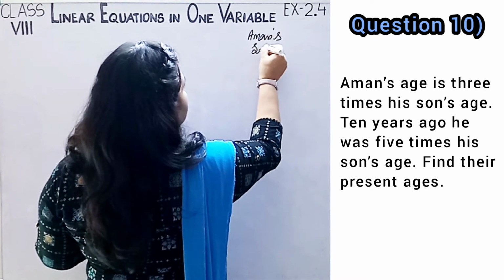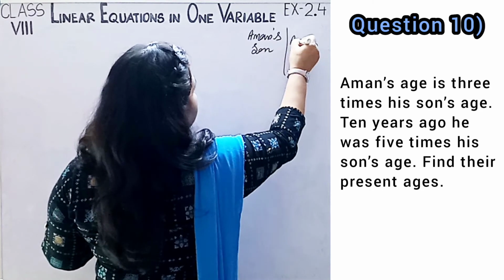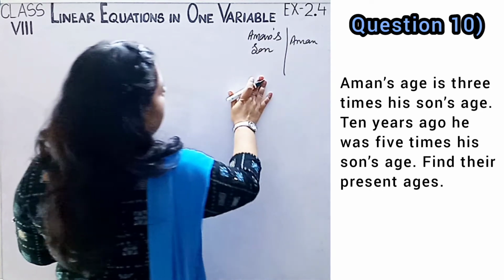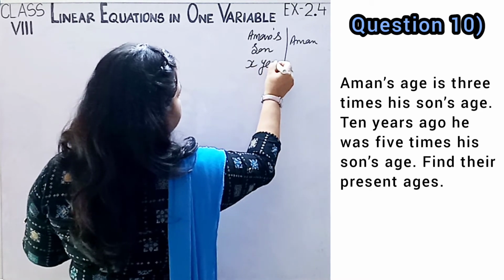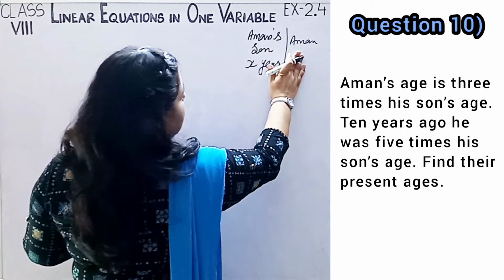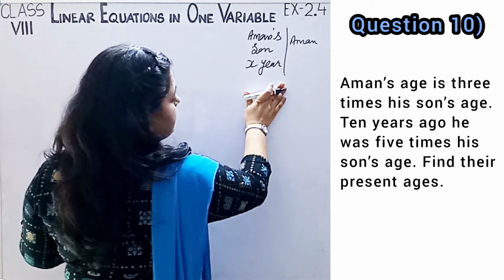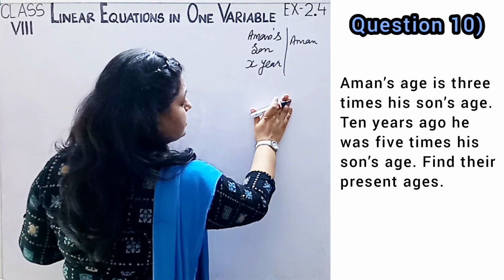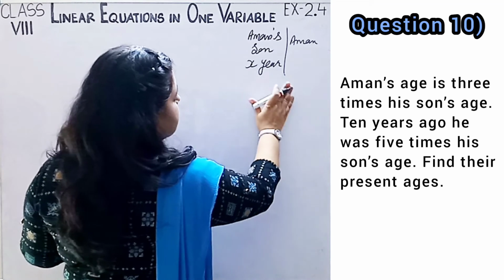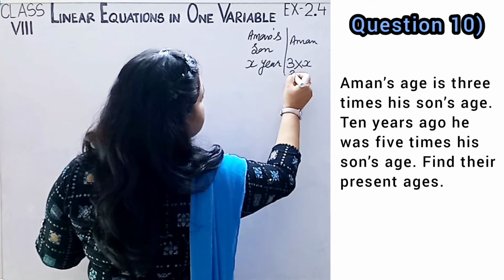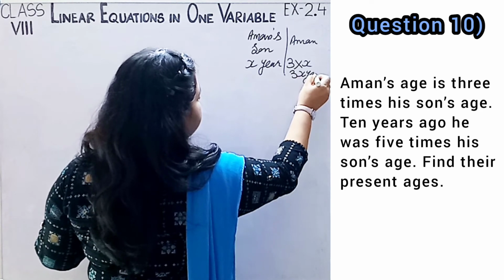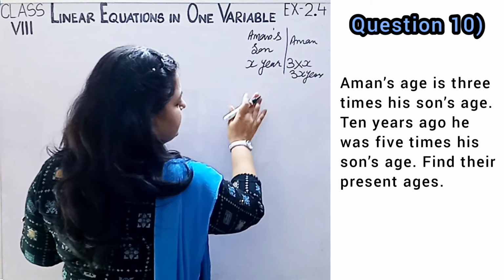If Aman's son is x years, then Aman is 3x because he is 3 times his son's age. 3 times means 3 multiplied with x. It means 3x years.